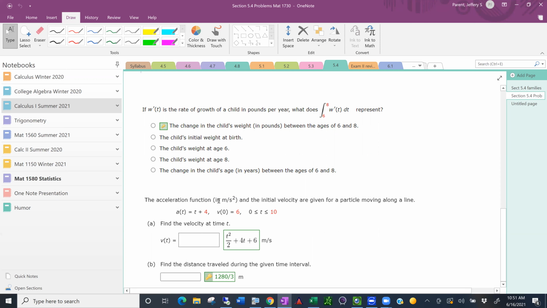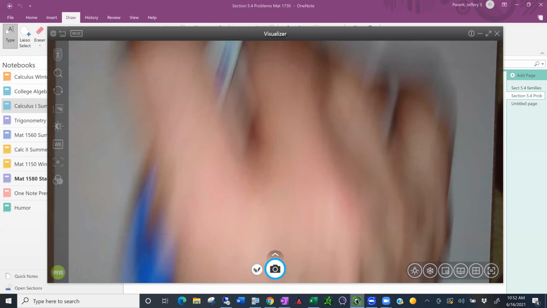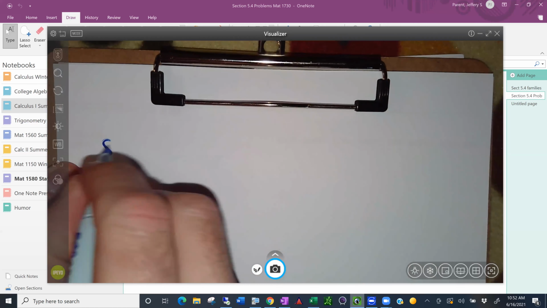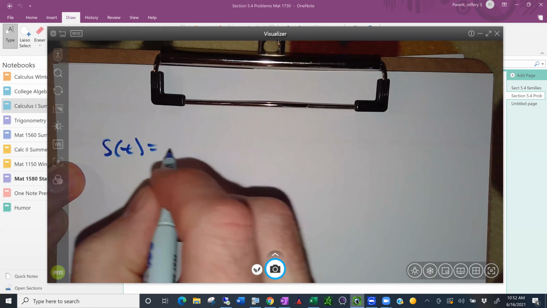So another place that you'll see rate of change as part of a problem is with acceleration functions, position functions, etc. Let me remind you a little bit about our notation for some of these things. S of t is your position function.